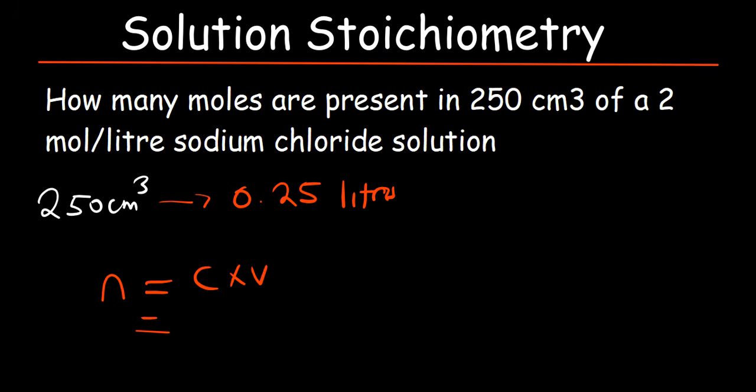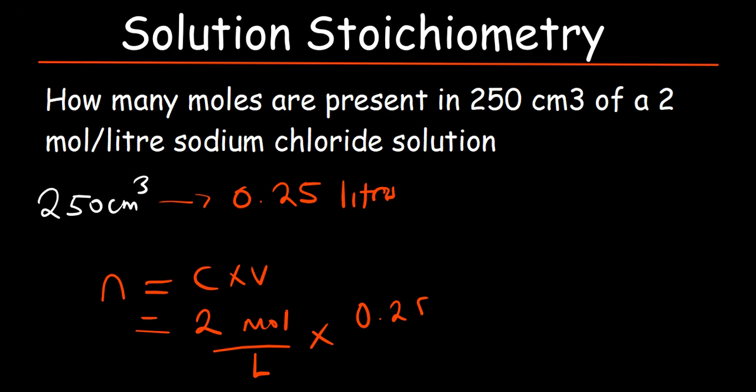Now, what is the concentration that we've been given? We've been given 2 moles per liter of sodium chloride. We multiply this by the volume, which we found to be 0.25 liters.